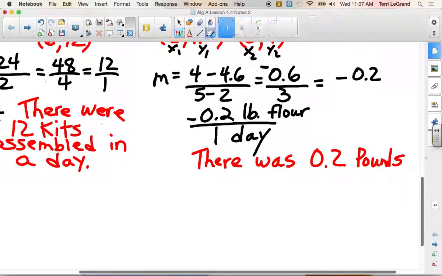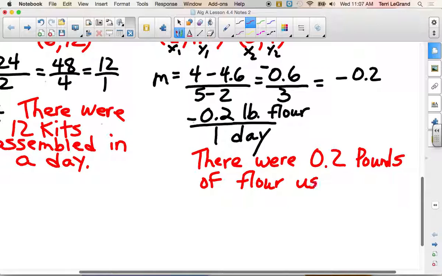There was. How about there were? Sounds better, I think. There were 0 and 2/10 pounds of flour used each day. If we use the word was, then I should use pound instead. Was goes with singular, were goes with plural, right?